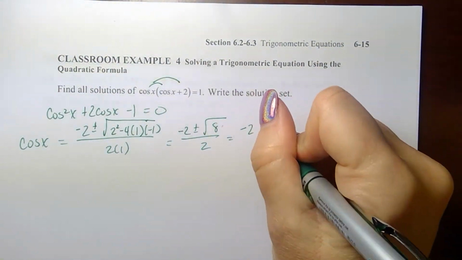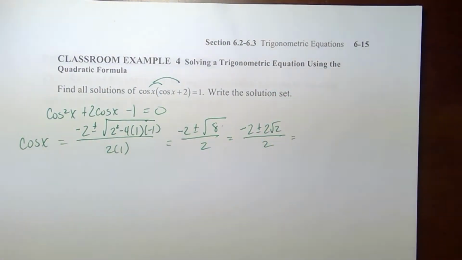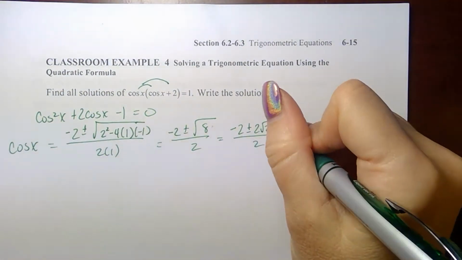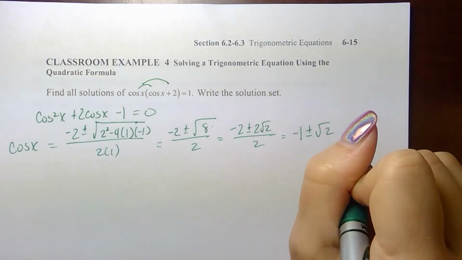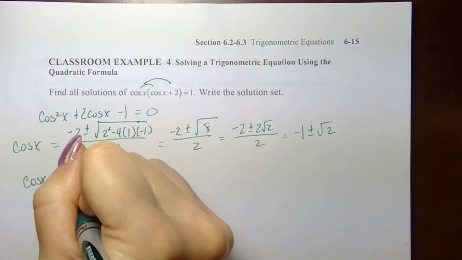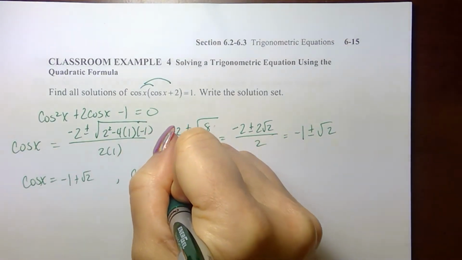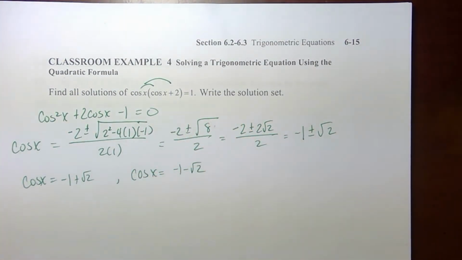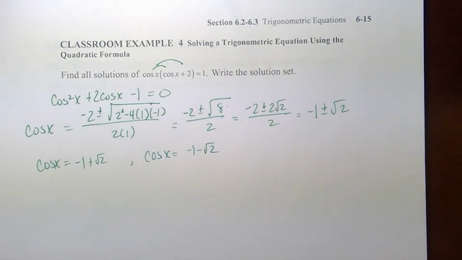So when I simplify that square root of 8, I have 2 square root 2, and that simplifies to negative 1 plus or minus square root 2. So my two solutions for cosine x are negative 1 plus square root 2 and negative 1 minus square root 2. And I need to plug both of those into my calculator to get an approximation.